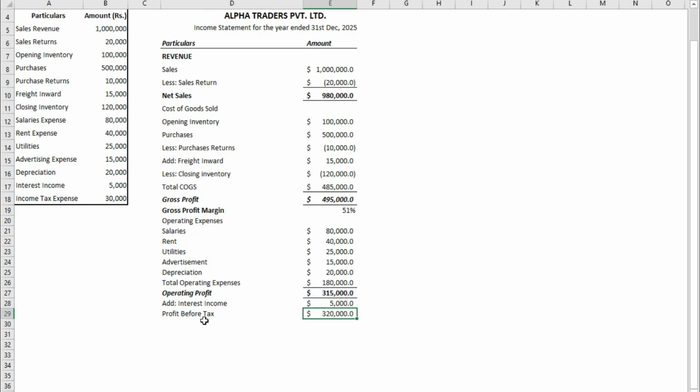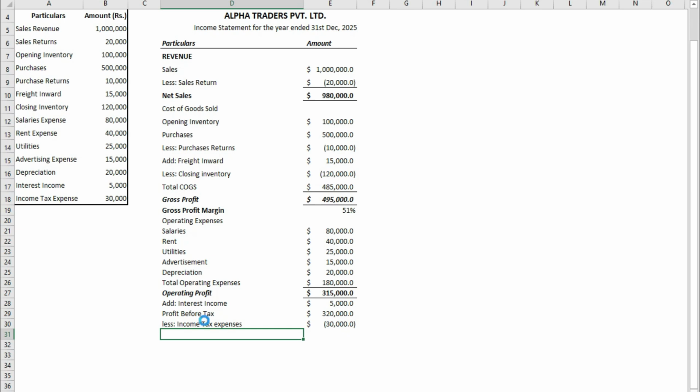Now we will less the income tax expenses, which we will give to the government, which is 30,000. So you can add minus 30,000. These are our income tax expenses.